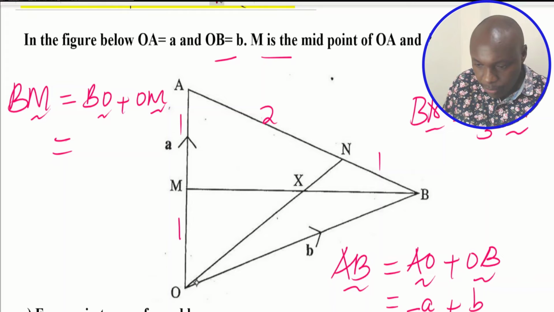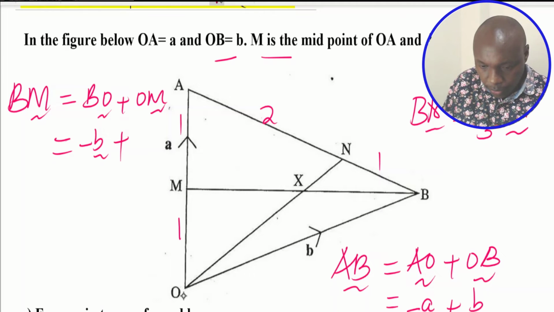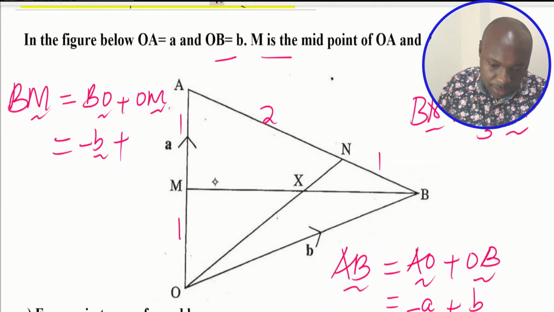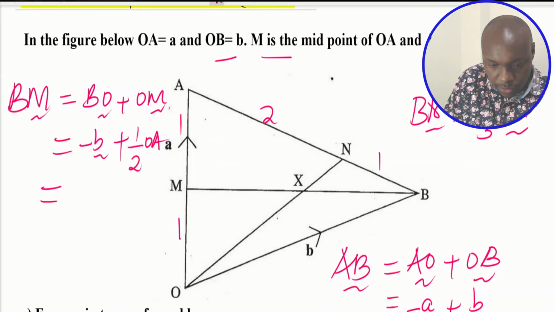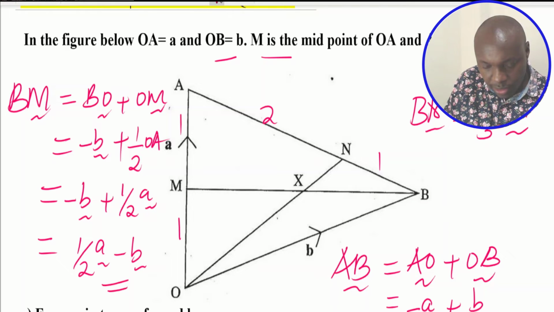Then vector BO, moving in the opposite direction, will be negative B. OM, since M is dividing OA in the ratio 1:1, it's the midpoint, will be a half OA, and a half OA is a half A. So this gives negative B plus a half A, which you can write as a half A minus B. It is still the same.